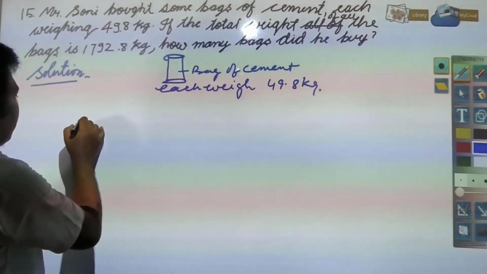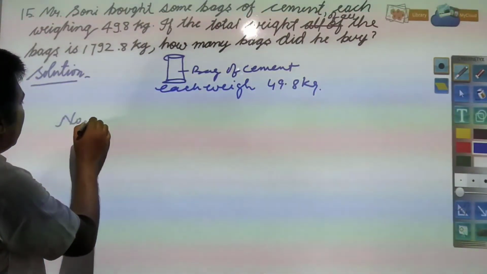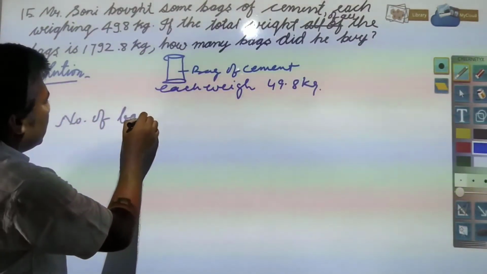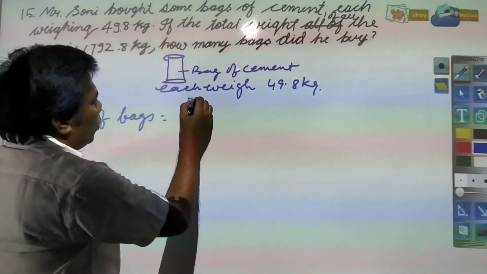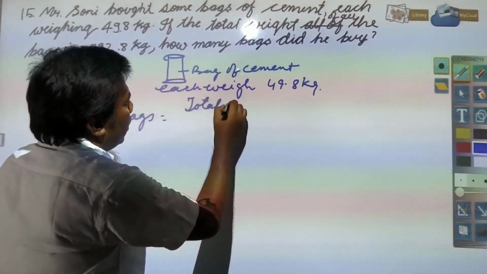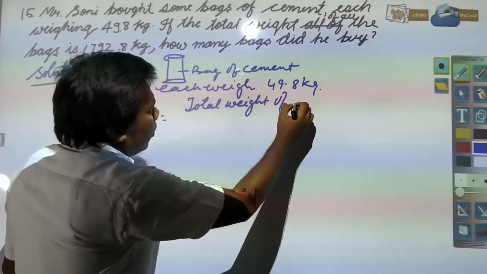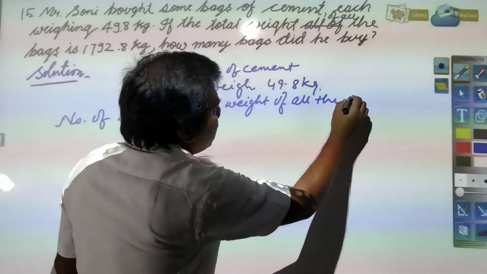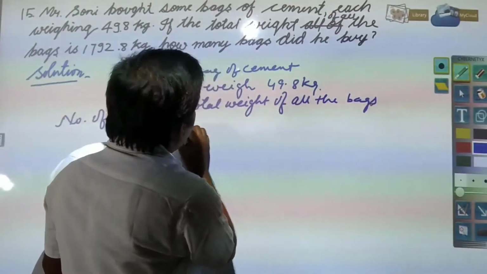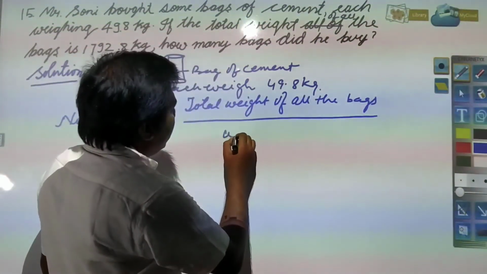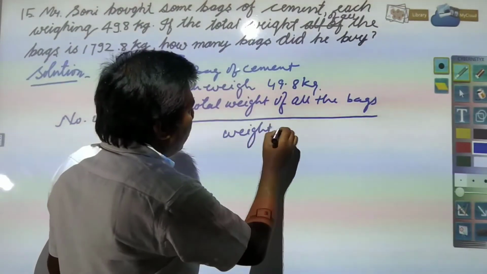So you will write, number of bags will be equal to the total weight of all the bags divided by the weight of one bag.